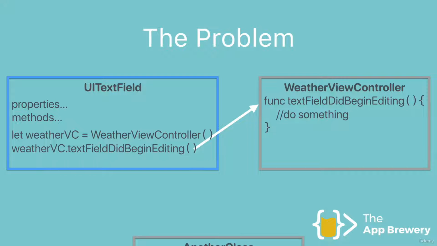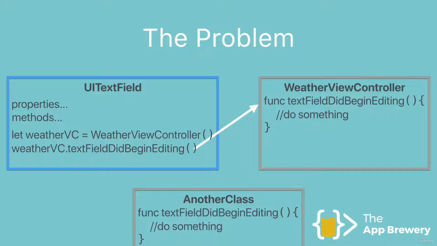And what do we do if we're trying to support loads of different classes that want to use the UI text field? Say we had another class that wanted to be notified when the text field begins editing. Are we going to create a new object from every possible class that's defined in the future by other people? How do we even do that?